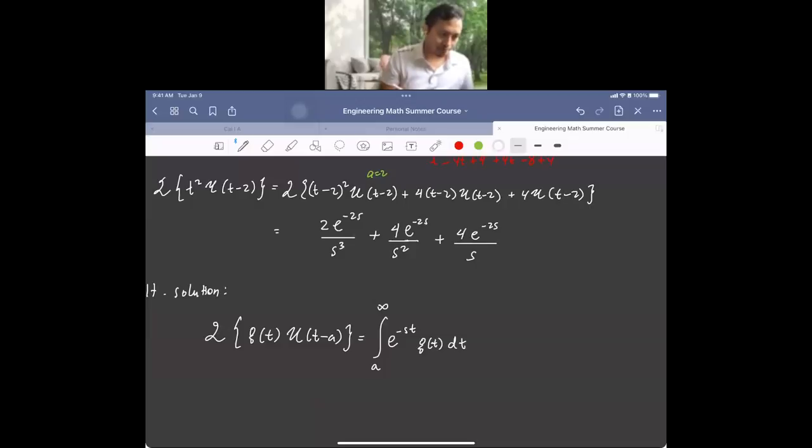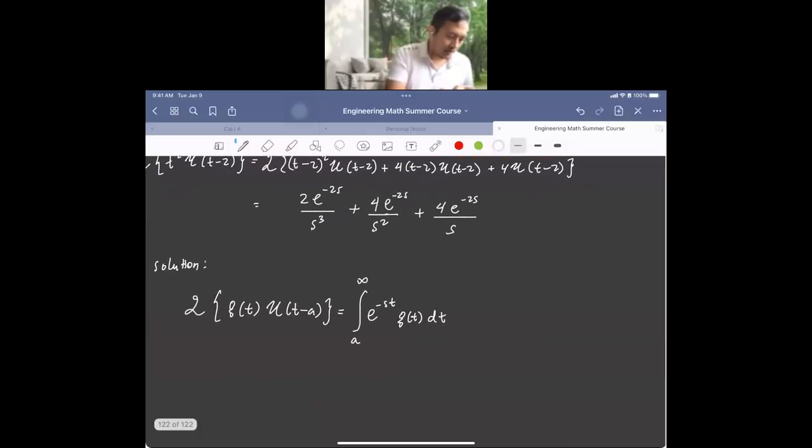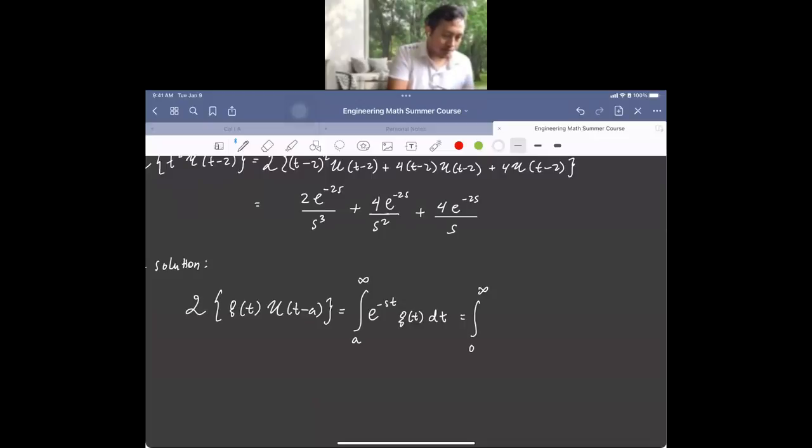Now we can say that this is precisely the integral from 0 to infinity of e negative s, and let's take the substitution u equal to t minus a.